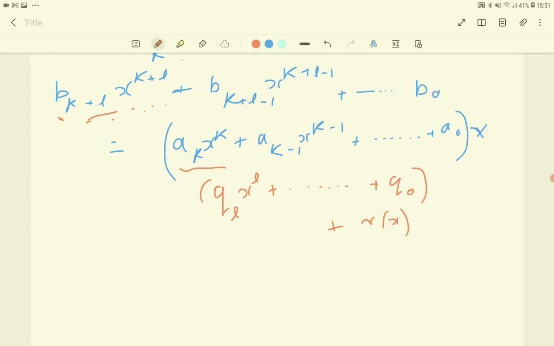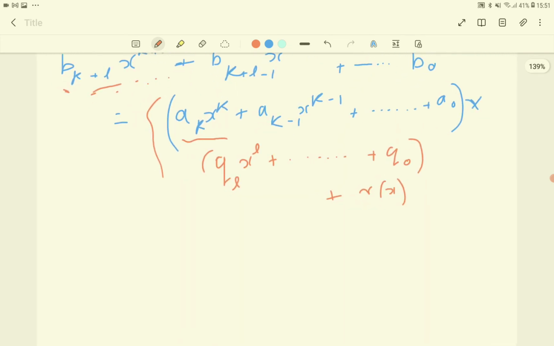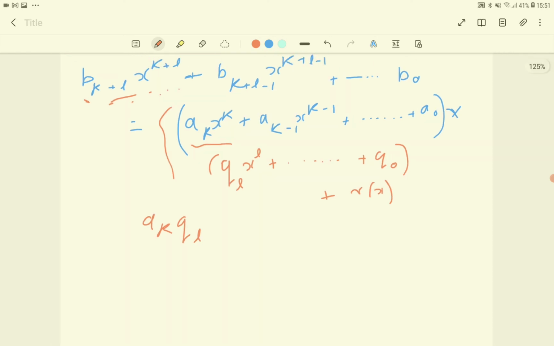Let us see how the coefficient of x to the k plus l will look here. Basically nothing special: a_k q_l, and no other terms will give the exponent k plus l.